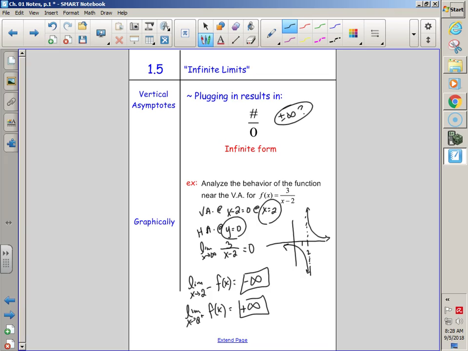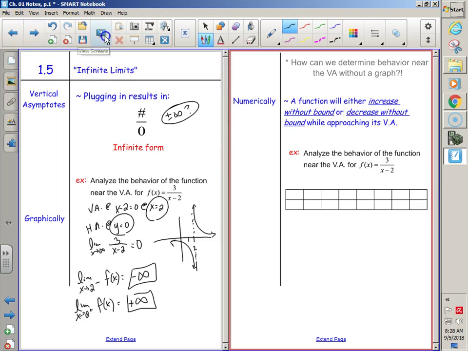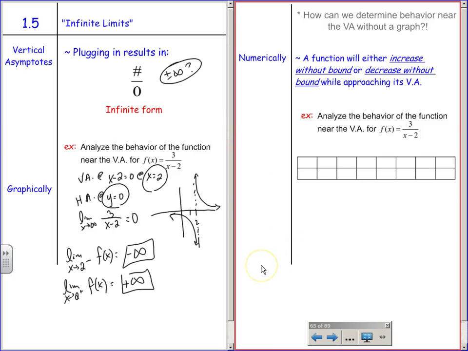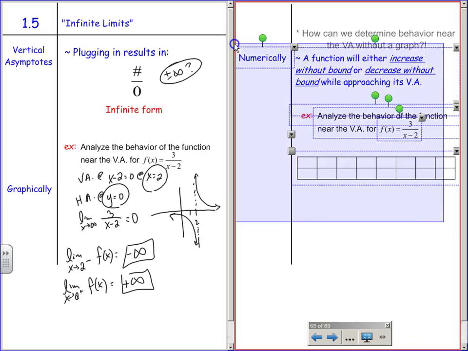This is like a basic graph. Kind of hard transformed basic graph, but a basic graph nonetheless. Let me dual page just for a second for any of you guys still catching up. But what's this page going to talk about? Ooh, you guys can't see the question. How can we determine behavior near the vertical asymptote without a graph?